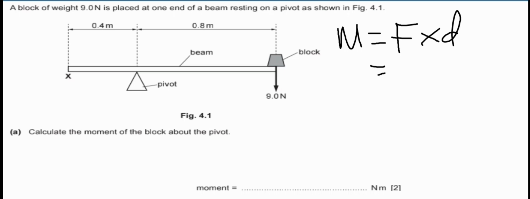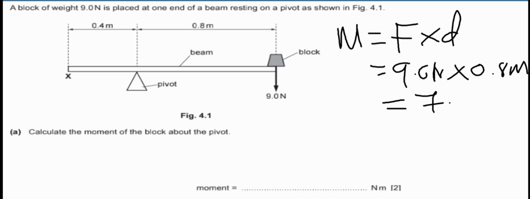So the weight of the block is 9.0 newtons multiplied by the distance from the pivot to where the block has been placed, which is 0.8 meters. Then when I multiply here, the moment of a force is going to be 7.2 newton meter. So this one is our answer for the first question.